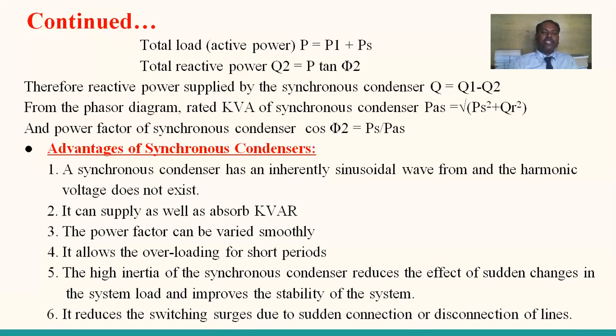And it reduces the switching surges due to sudden connection or disconnection of the lines. So you see there are so many possibilities. It improves the performance of the system. Therefore, a synchronous condenser is preferable and economical when the requirement is more than 10,000 kVAR.